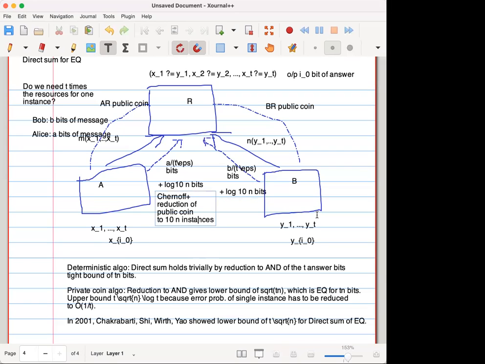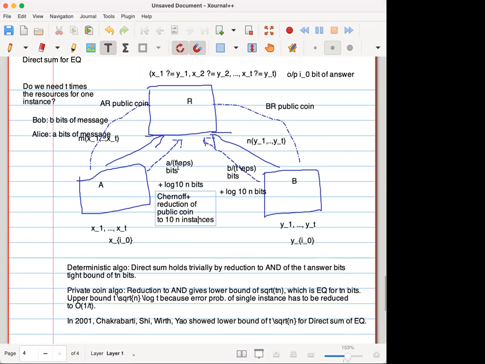And then there will not be a consistency. But if the public coin is between AR and independently with BR, Alice can toss those log 10n bits herself, send it to the referee. Bob can toss those log 10n bits himself, send it to the referee. Okay. So finally, this becomes a private coin protocol for equality of n bit strings.